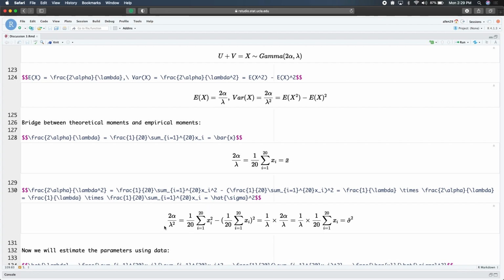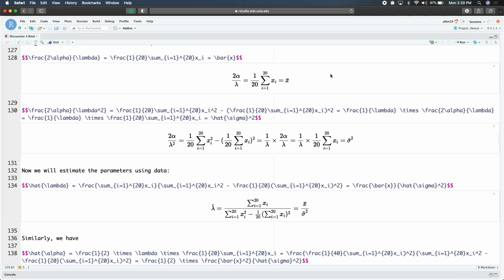This 2 alpha over lambda square can also be decomposed into 1 over lambda multiplied by 2 alpha over lambda. And this 2 alpha over lambda is just the first moment, which we already know is x bar. So basically 1 over lambda multiplied by x bar is equal to the sample variance, sigma square hat.